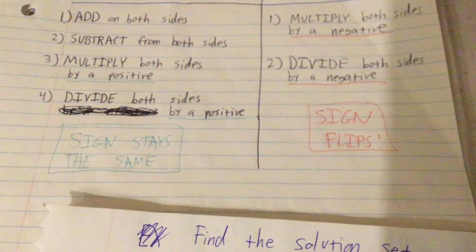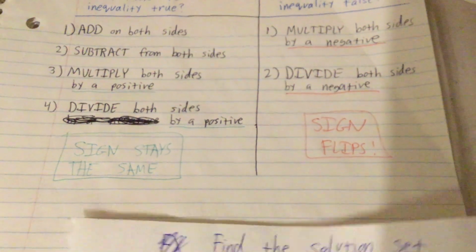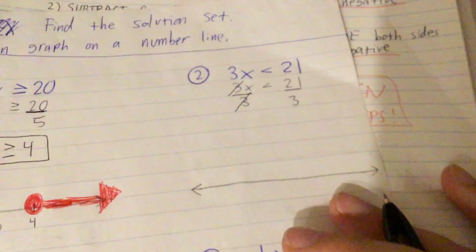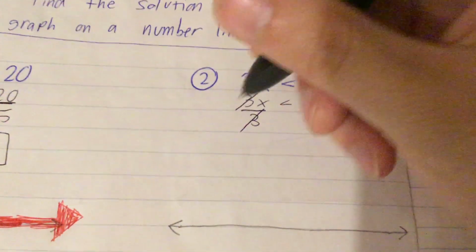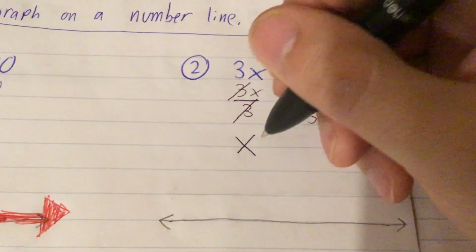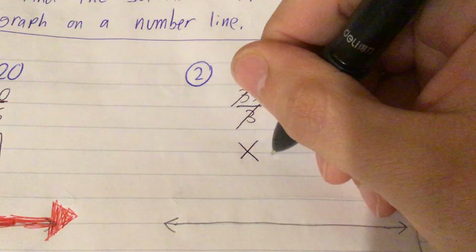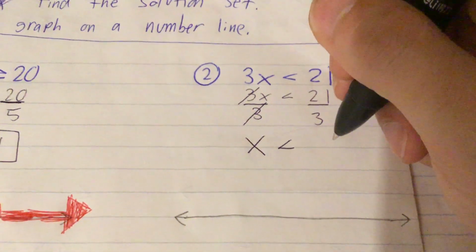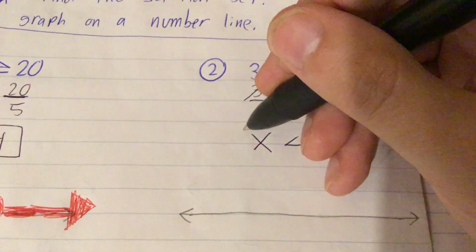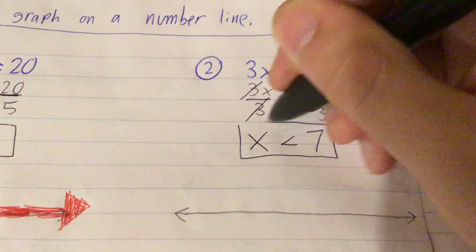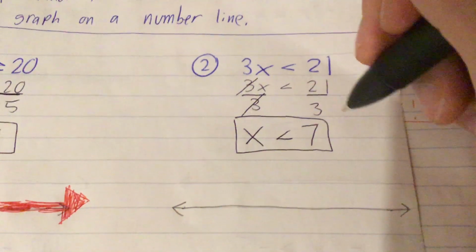And did I divide both sides by a positive or both sides by a negative? By a positive, so the sign stays the same. So therefore, we've got x, which is still less than 21 divided by 3, which is 7. So as long as x is less than 7, this statement is true.